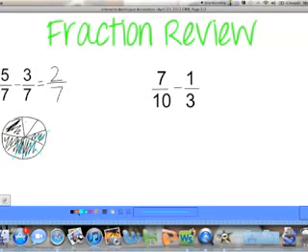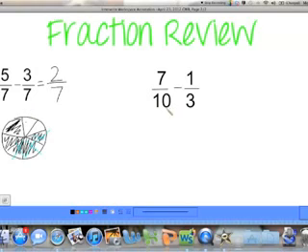But we still have a pizza that's cut into 7 parts, which, remember, that's what our denominator tells us. So our denominator never changes because our pizza is always going to be cut in that same amount of pieces.